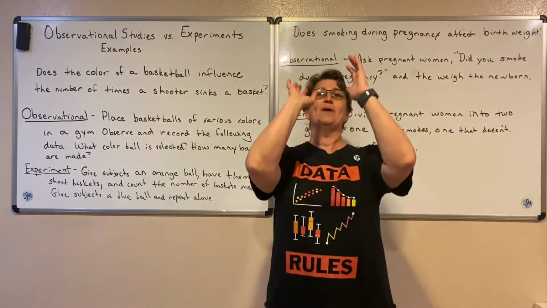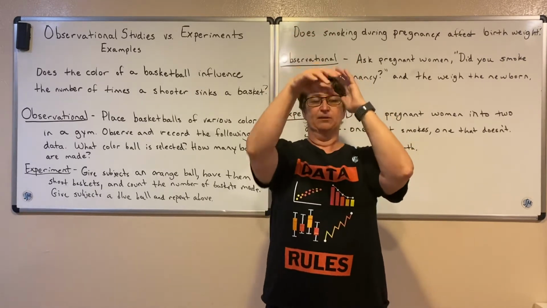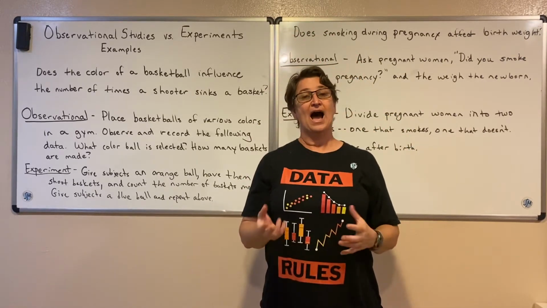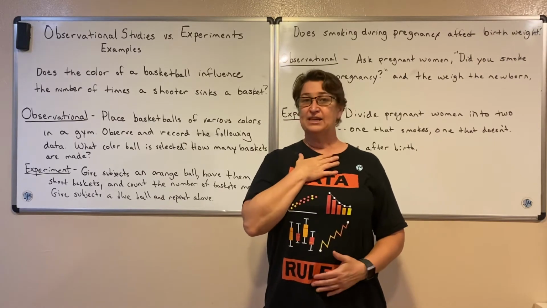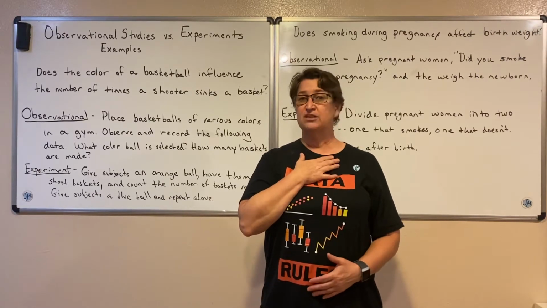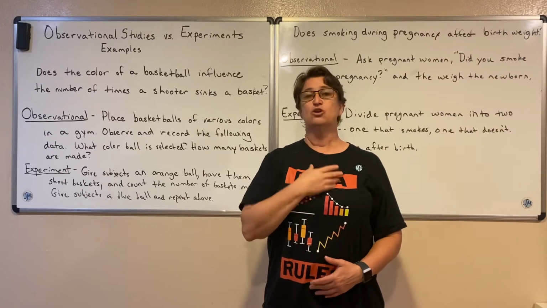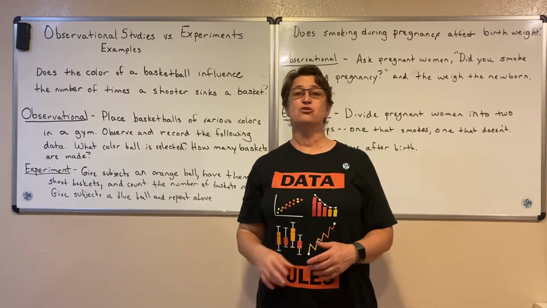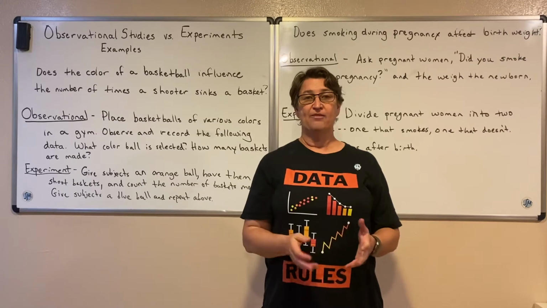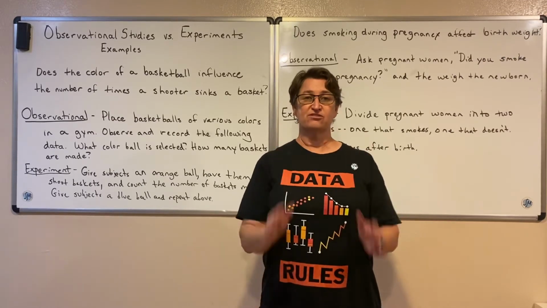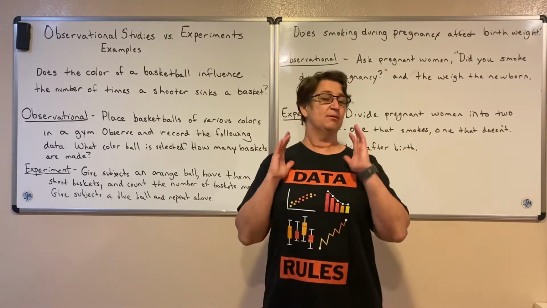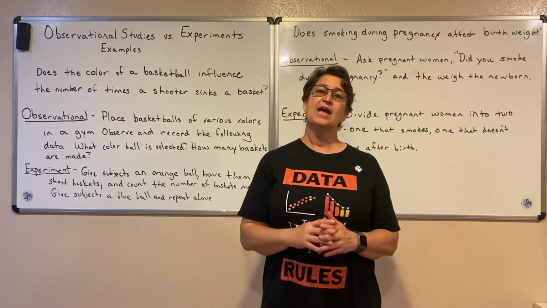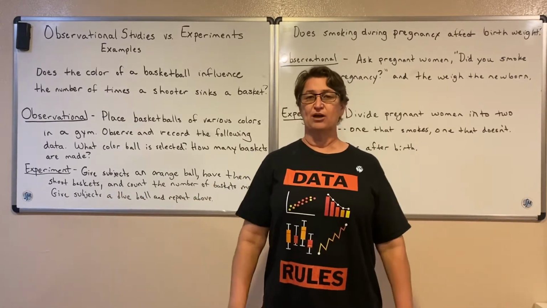Then give him the blue basketball and do the same thing, so that I know it's the exact same shooter that's shooting. There's not any differences there. They don't have any separate characteristics. So I could do that for multiple players to collect data, and that way I'm keeping everything the same: the same shooter, the same type of shot, the same environment that they're shooting in, and I can help to eliminate those outside variables.